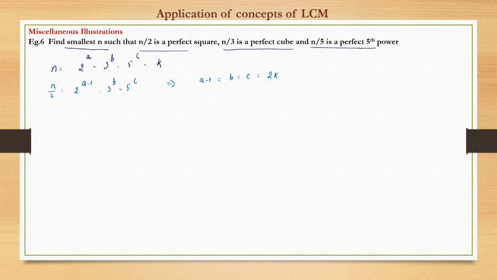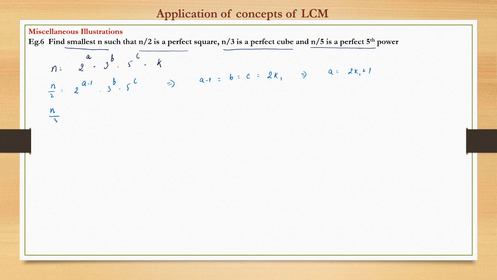For this number to be a perfect square, the indexes a minus 1, b and c must be a multiple of 2, and k1 is any integer. So from here, a is equal to 2k1 plus 1.